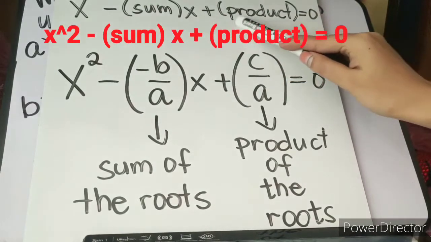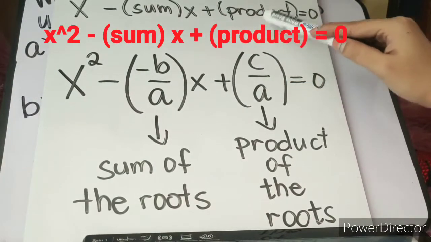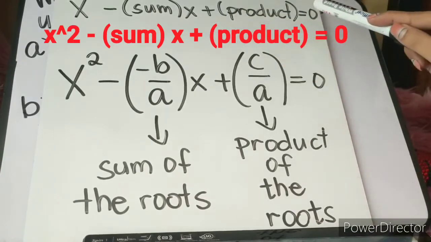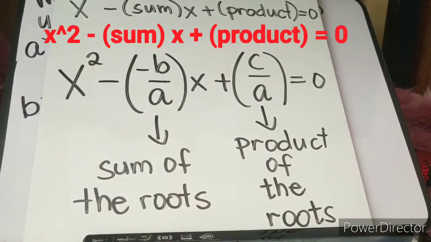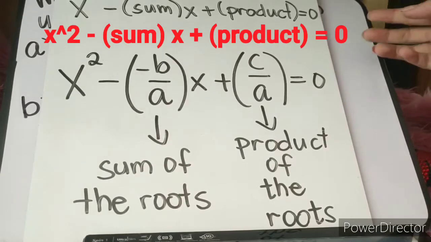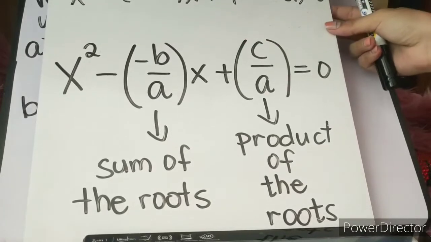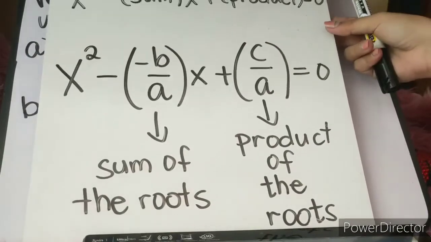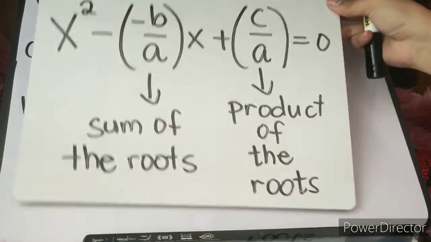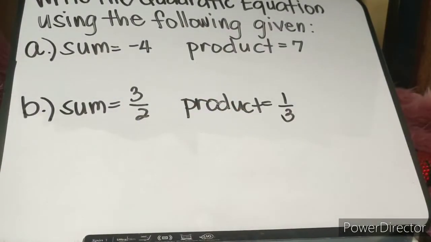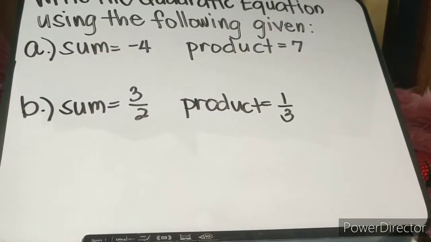Plus, kung ano man yung product na yan, ito times natin sa positive. And then, equal it with 0. That is how we will write the quadratic equation if the given, in this case, is the sum and the product. So, let's do that on our example here.